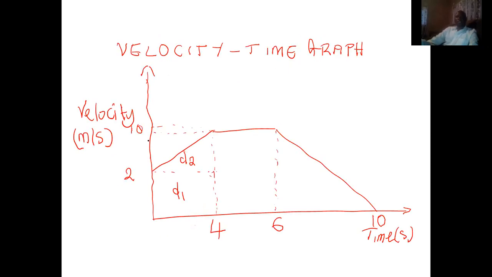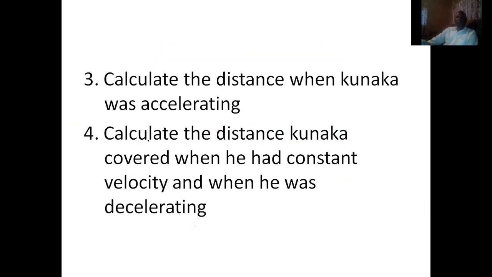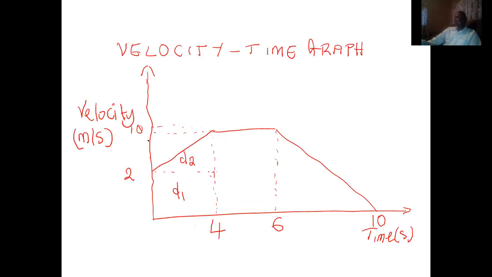So we go and answer the other question. Calculate the distance Kunaka covered when he had constant velocity. When he had constant velocity, it is this period between 4 seconds and 6 seconds. And this is a rectangle. So we can call this one distance 3.